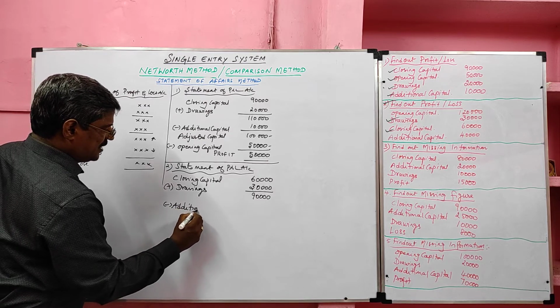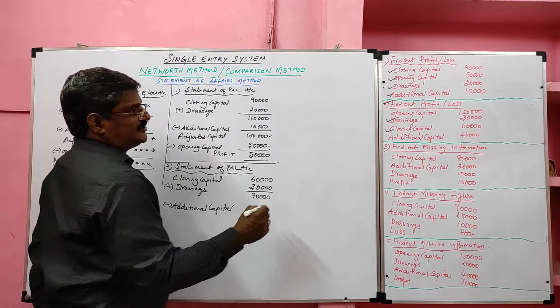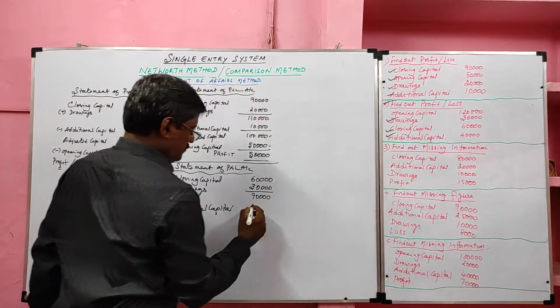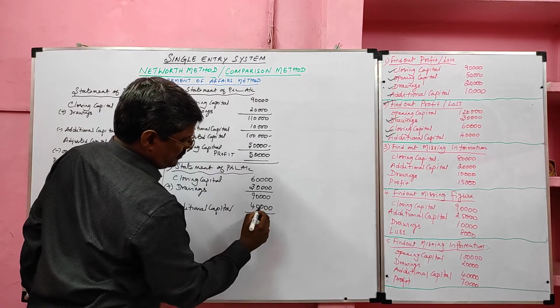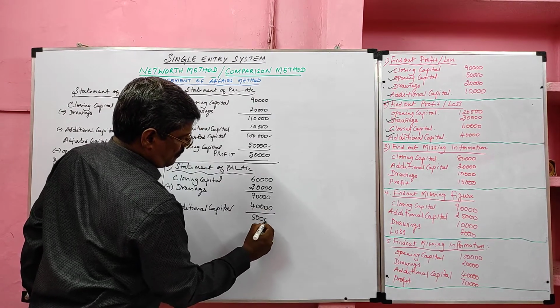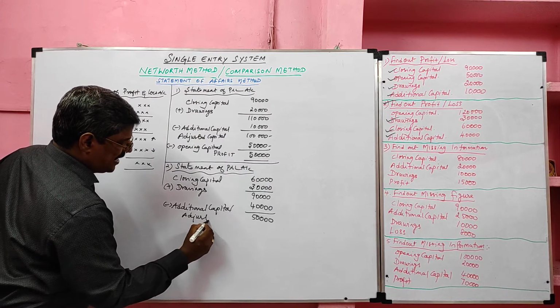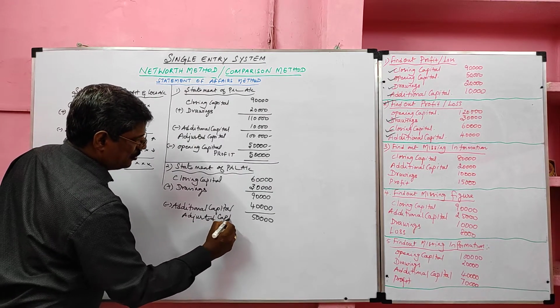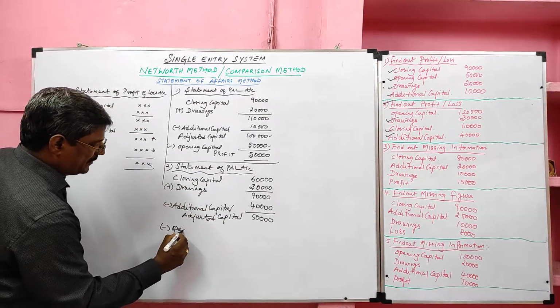We have to deduct additional capital. The value of additional capital how much? 40,000. Now we are getting one value that we should call adjusted capital. Then we should deduct opening capital.